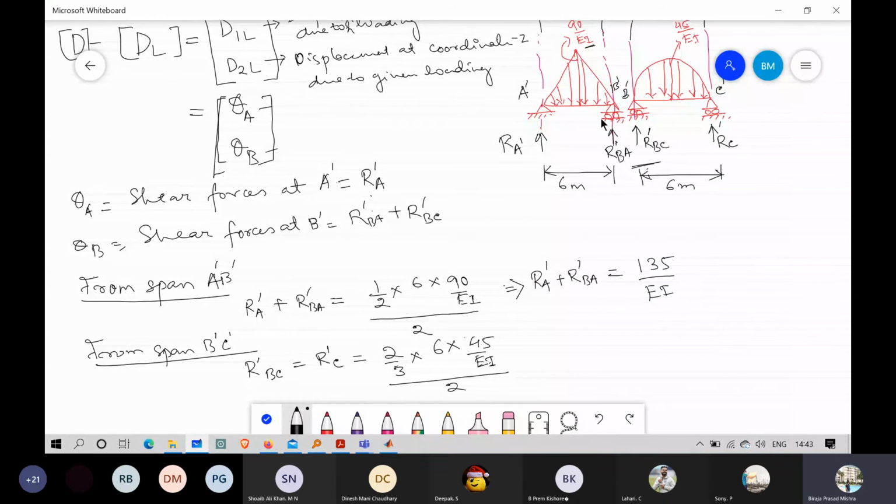Okay, no issue in that one. So this implies R B dash C equals R C dash will be equal to, please calculate how much is this one.